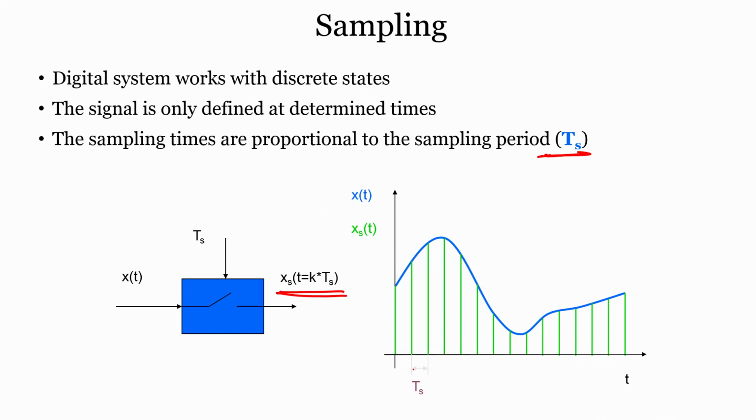So, this is the sampling time or sampling period, this is my xs(t), this is my analog signal x(t). So, when I apply x(t) and you have a sampling period, then your value would be t equals k times Ts, right. So, from this plot you can understand what this equation means.